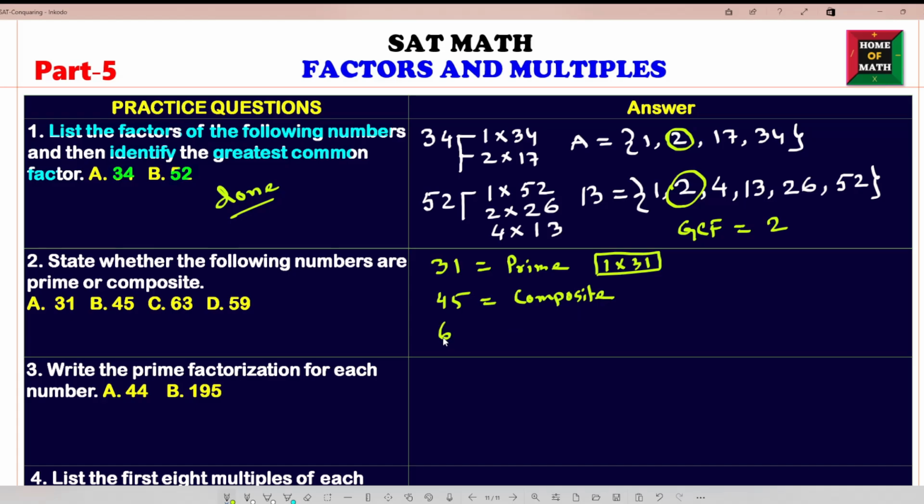Then 63 is also a composite number, and 59 is a prime number. Okay.